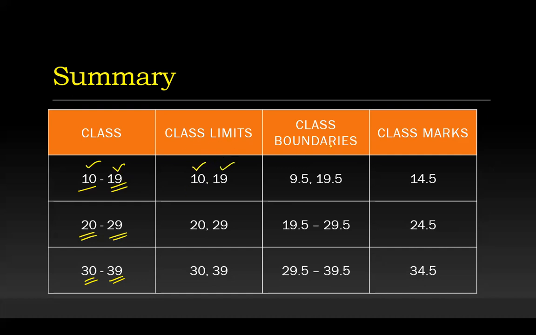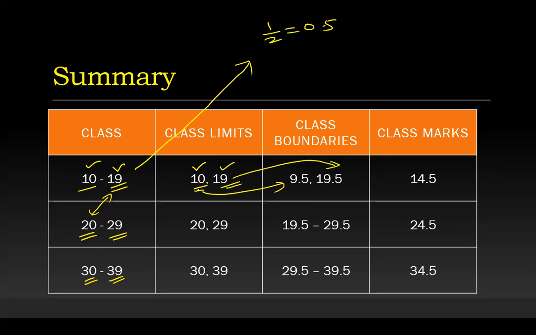But for class boundaries, what should I do here? To find the class boundaries, I should convert them into exclusive. So 19 and 20, I am finding the difference. It is 1. I am dividing it by 2, so it is 0.5, which you subtract from the left and add to the right. So it is easy. Now, 10 is there. I am subtracting 0.5 here, so 9.5. I am adding it here, so 19.5.